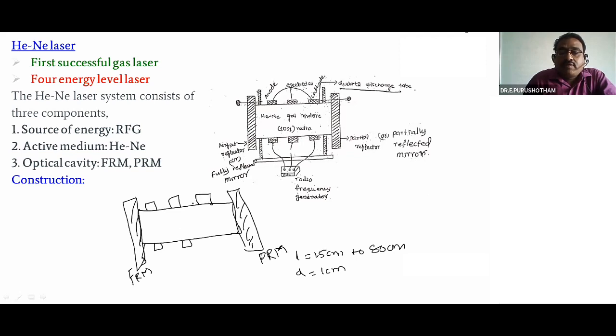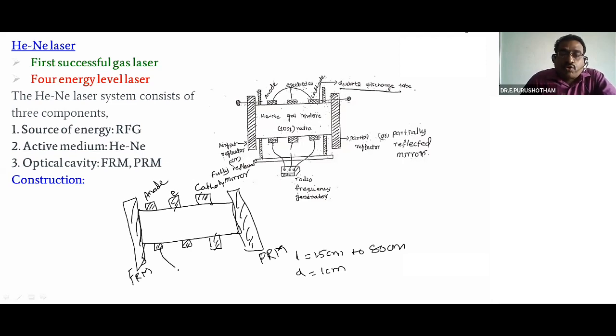It has 3 electrodes. These are the electrodes. This is one electrode, the anode. This is the middle electrode, the earthing. And this is the cathode.